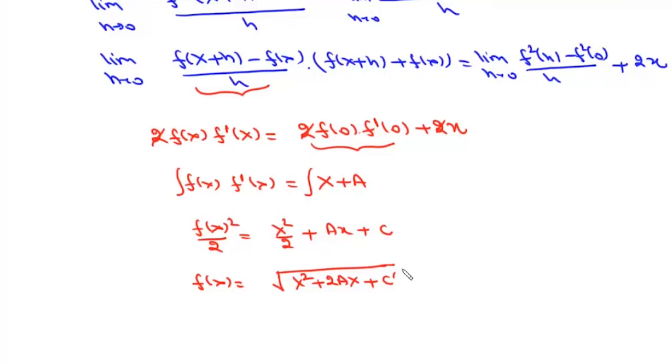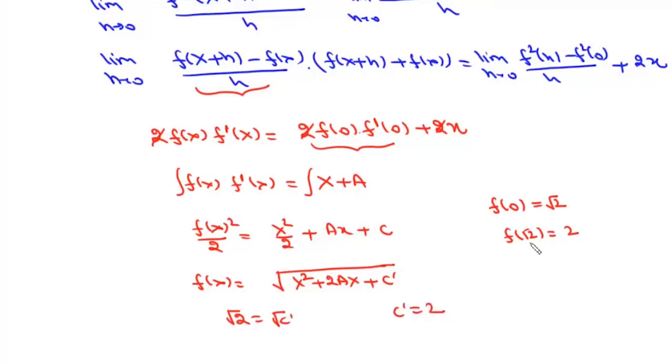Now we are given two conditions. One of them is f(0) is √2 and f(√2) is 2. Now if we put x as 0, we'll get √2 equal to √c'. So the value of c' is 2.